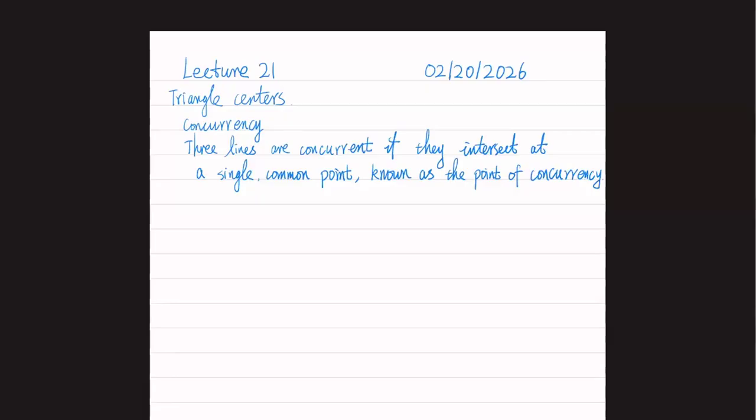So if we have three lines, one, two, three, then this will be the point of concurrence.